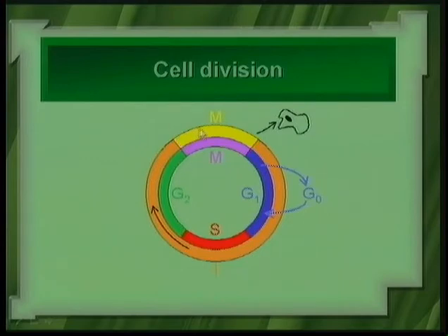The M phase is during mitosis and cell division. So you start off with a single cell, going all the way through the interphase, through the gap 1 phase, through the synthesis phase, through the gap 2 phase, and then right after mitosis and cytokinesis, you will end up with 2 daughter cells from 1 parent cell.